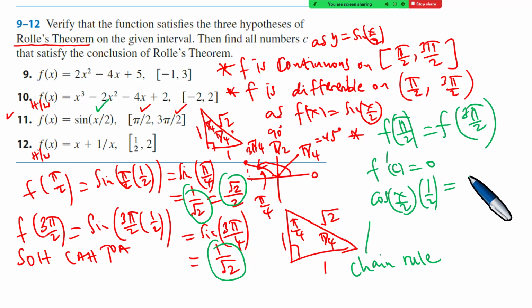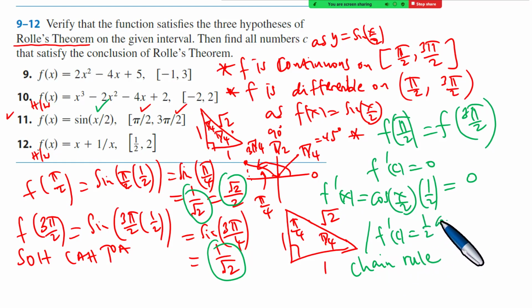Mr. Examiner, we accept. This is f prime of x, please take note of that. So at this point we find f prime of c, which is 1/2 the cosine of c over 2, giving us 0.